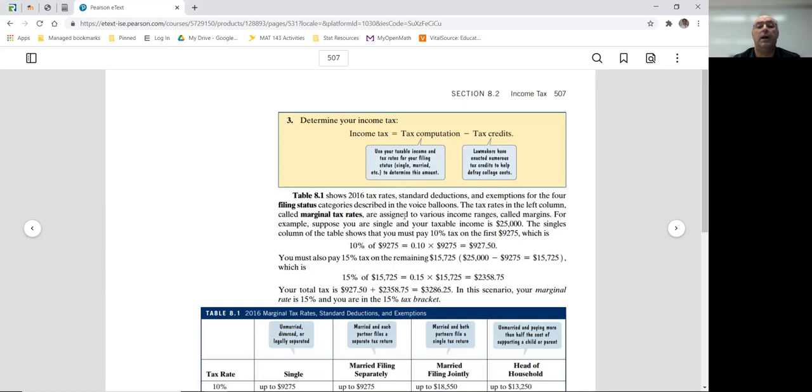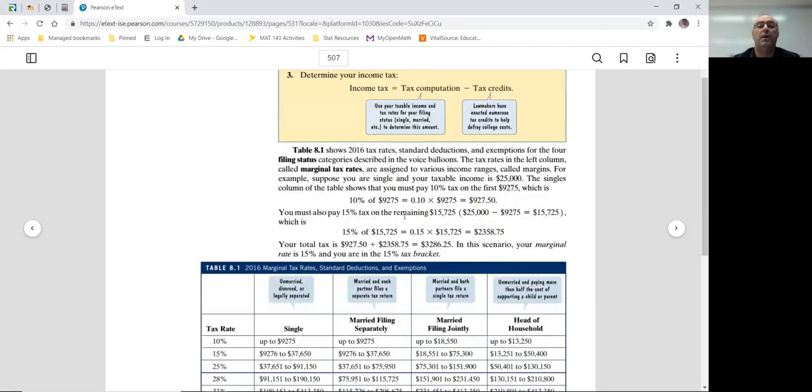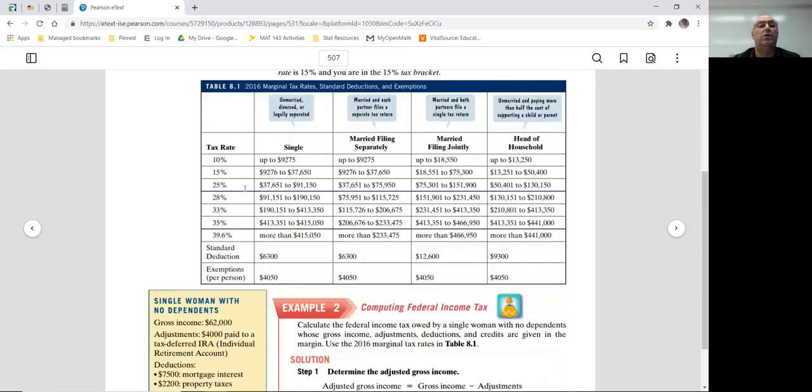First is this is the chart which is provided to you in the textbook. In order to use this chart, it only gives you the ranges for each tax bracket. And so you have to calculate an amount of tax for each individual tax bracket up to the one that the taxpayer is in.